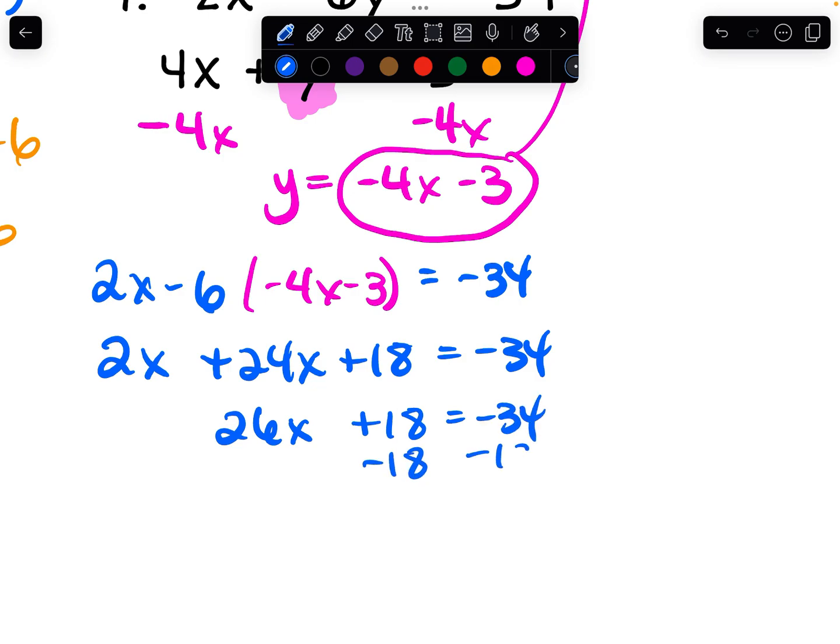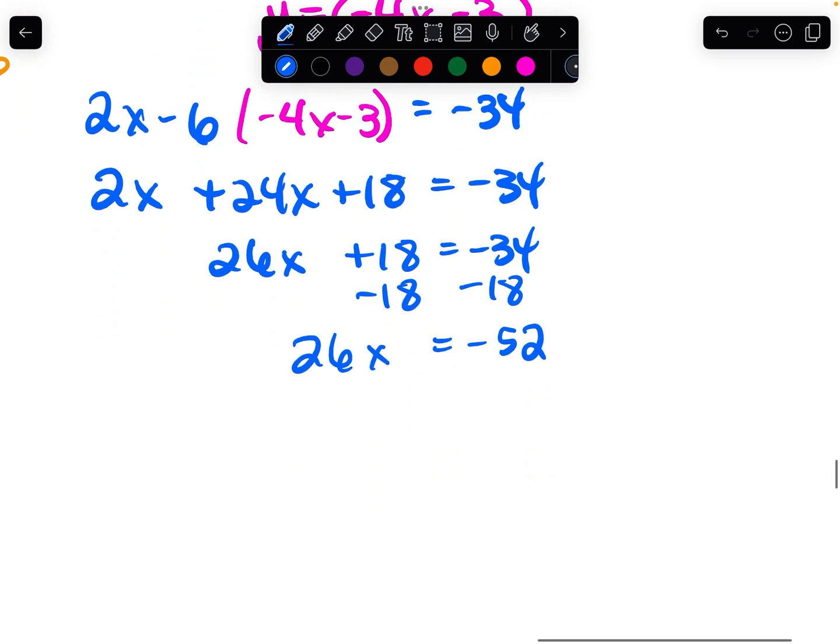Subtract 18 from both sides and get 26x equals -52. Divide by 26 on both sides, and I get x equals -2.